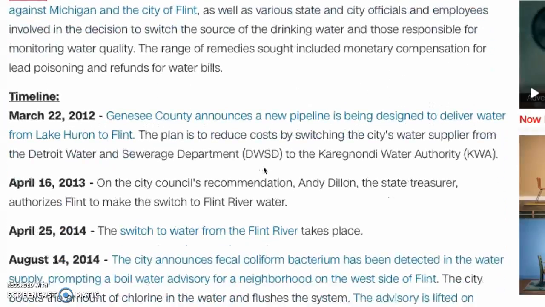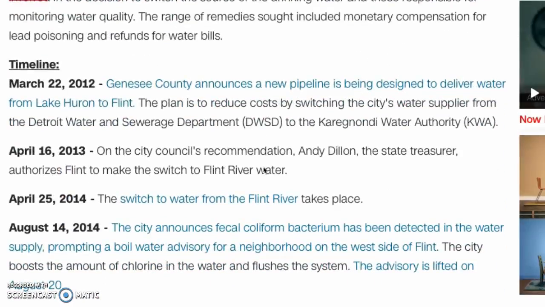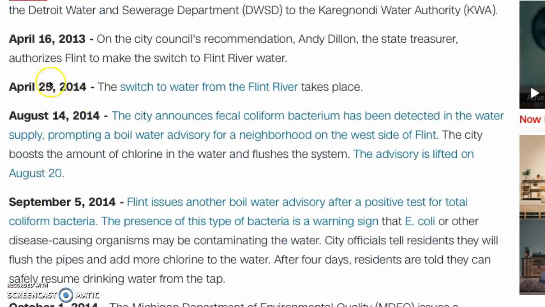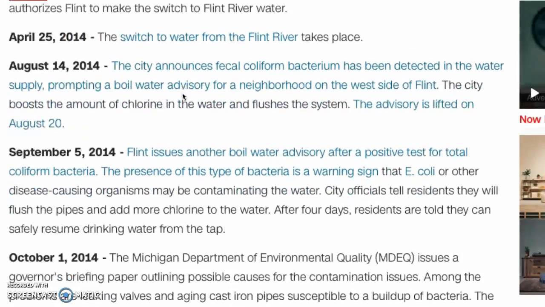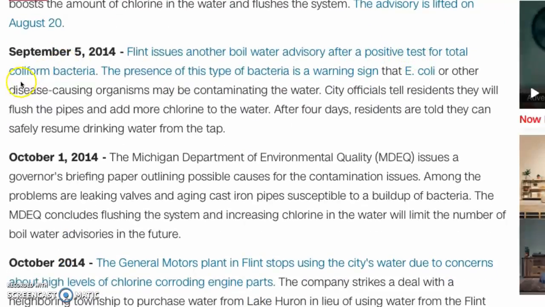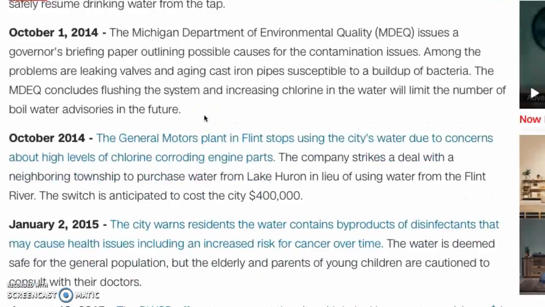And then what's great is underneath this they have a direct timeline of what happened. So the new pipeline started being built on March 22nd, 2012. And on April 25th, 2014, the water was switched. And then that's when their issues started. There was a positive test for bacteria in the new water.